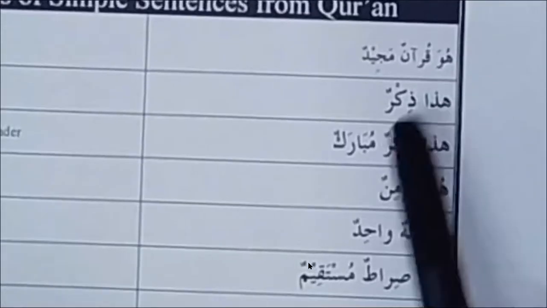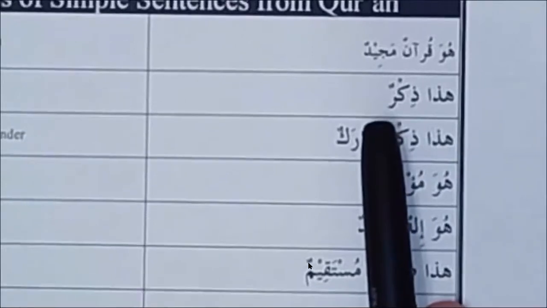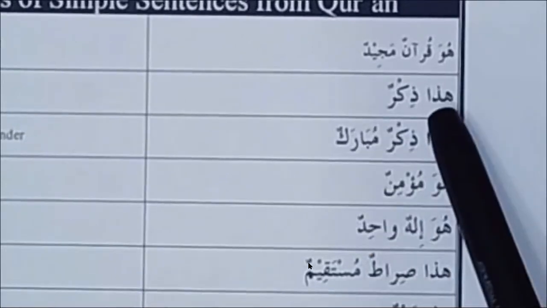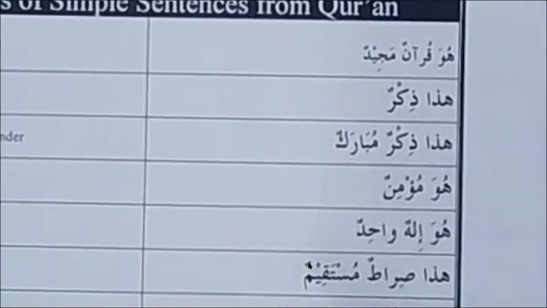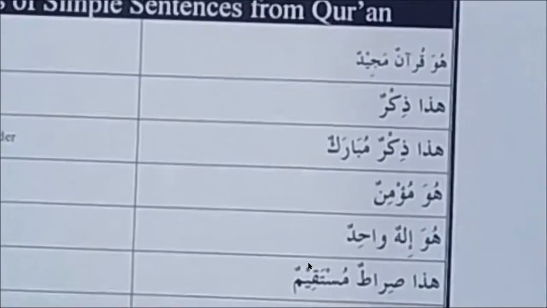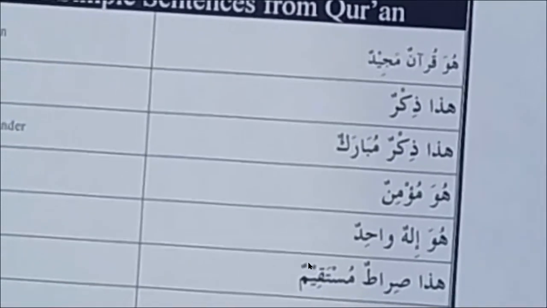So haza over here, look, haza zikrun. Now, can haza be a mubtada? Yes. Why? Because it is ism ishara, and mubtada is supposed to be marifa. And we know that if something is ism ishara, it is a good candidate for mubtada. Making sense?